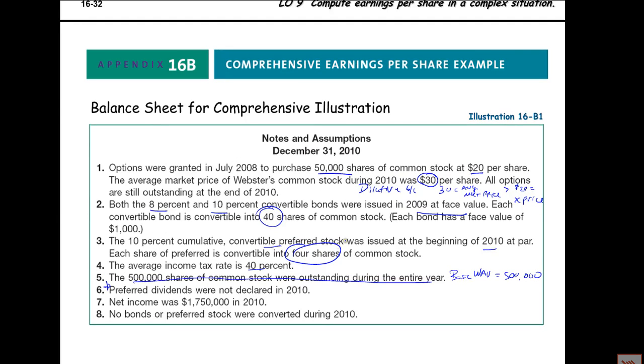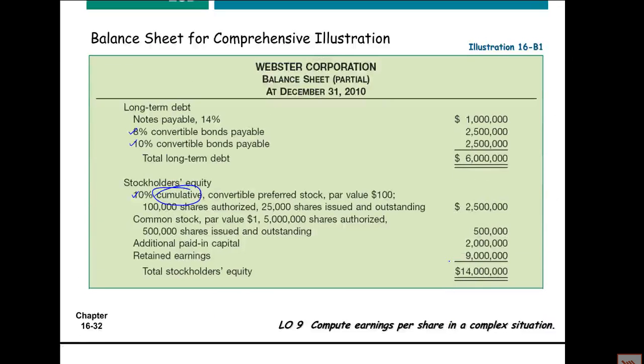So we could just do a quick basic EPS here. Net income is 1.75 million minus the current year's accumulation, over 500,000. Convertible preferred stock: we got 10%, $100 par, and we have 25,000 outstanding.